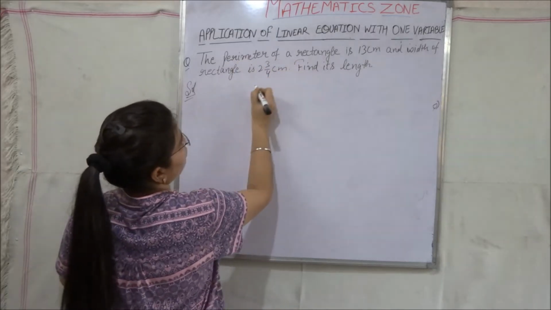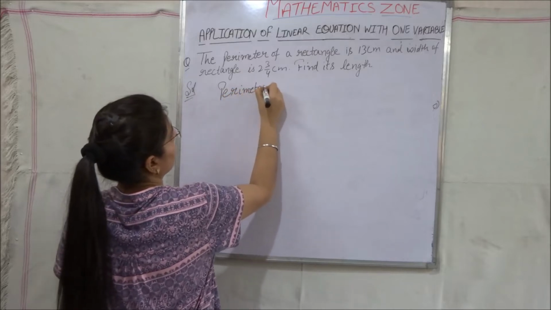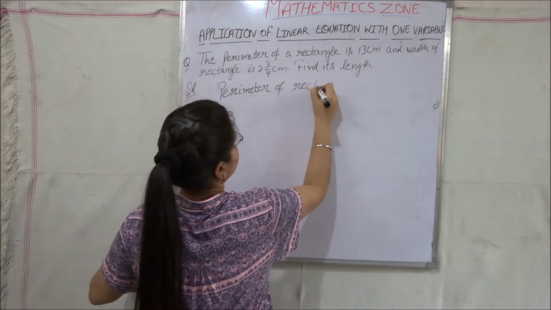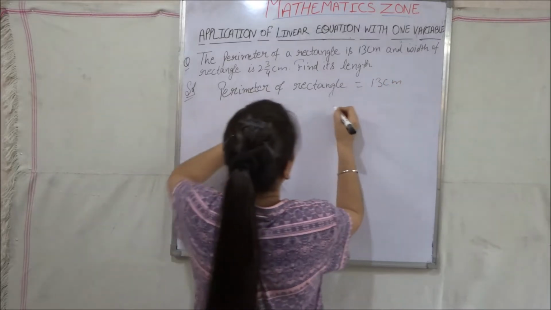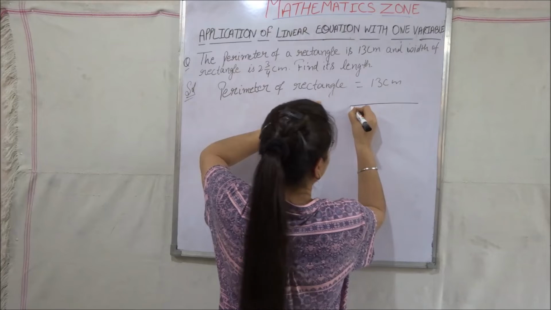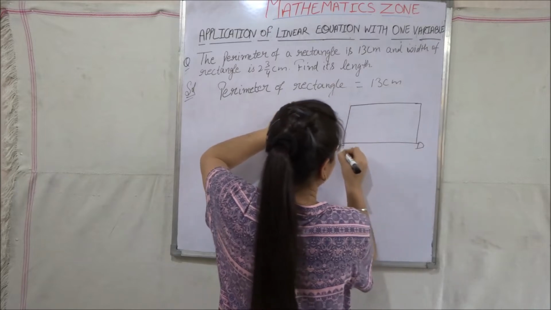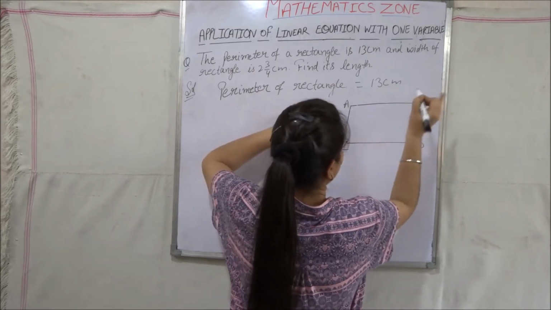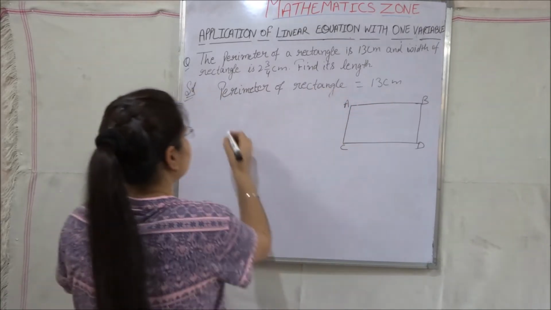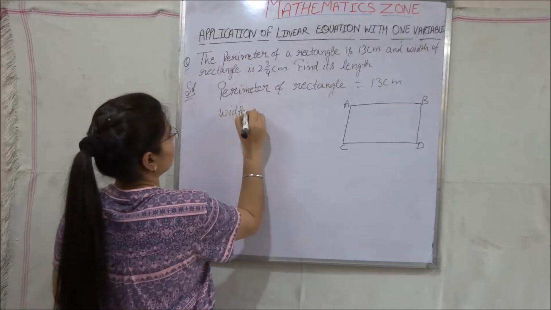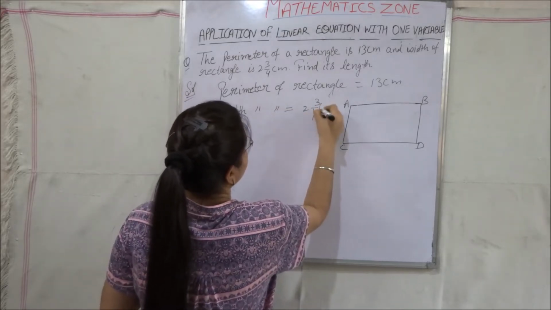So we will proceed according to the given condition that the perimeter of the rectangle is 13 centimeters, and the width of the rectangle is 2 3/4 centimeters.